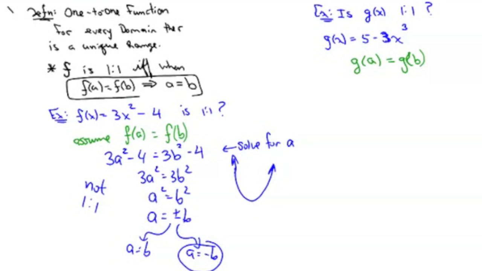So what's g of a equal to? 5 minus 3a cubed equals 5 minus 3b cubed. The essence of what it means to be a function. All right, solve for a. Subtract 5. So you get negative 3a cubed equals negative 3b cubed.